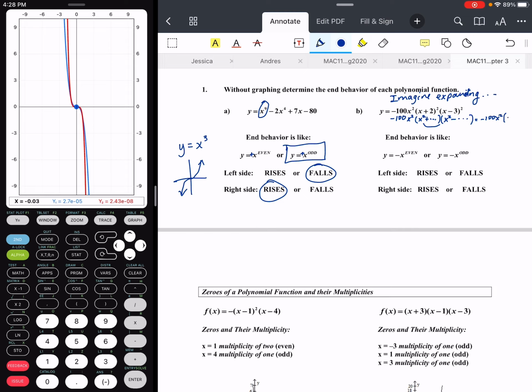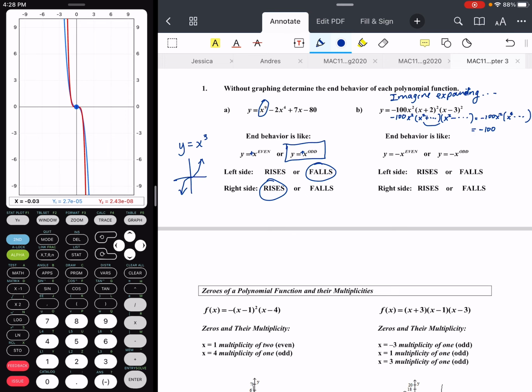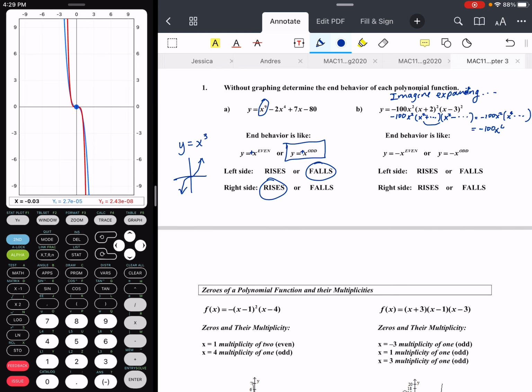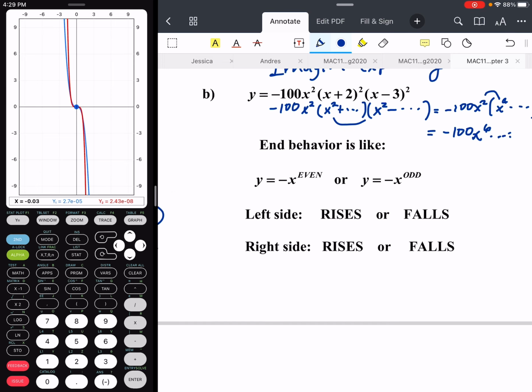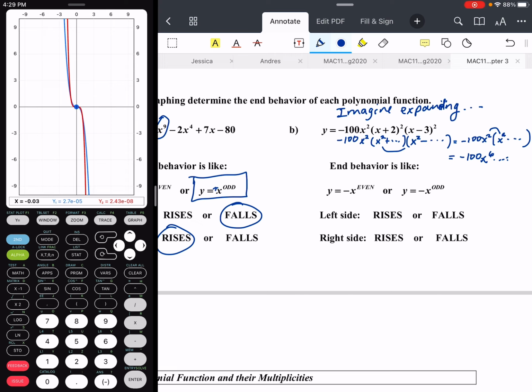And then when you finally multiply in your x squared out front, you'll have negative 100 times x to the 6th. We don't care what happens after that. Sorry, that's so messy. Okay, so this is basically our leading term, negative 100 x to the 6th.